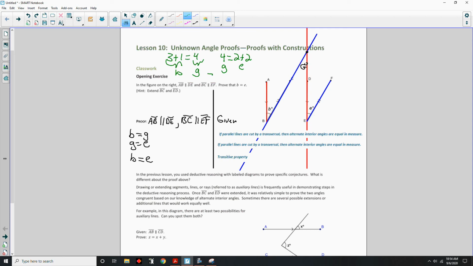So we can then conclude 3 plus 1 equals 2 plus 2. Do you agree with that? That is the transitive property. So if B equals G and G equals E, then B has to equal E.